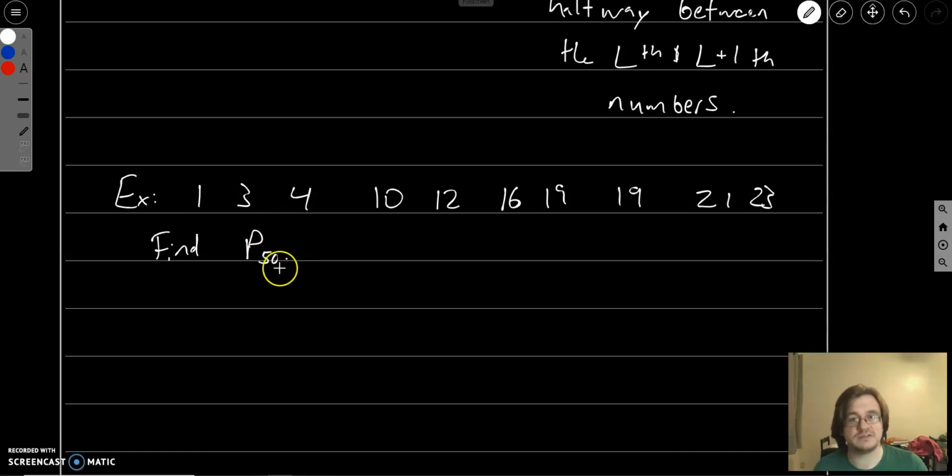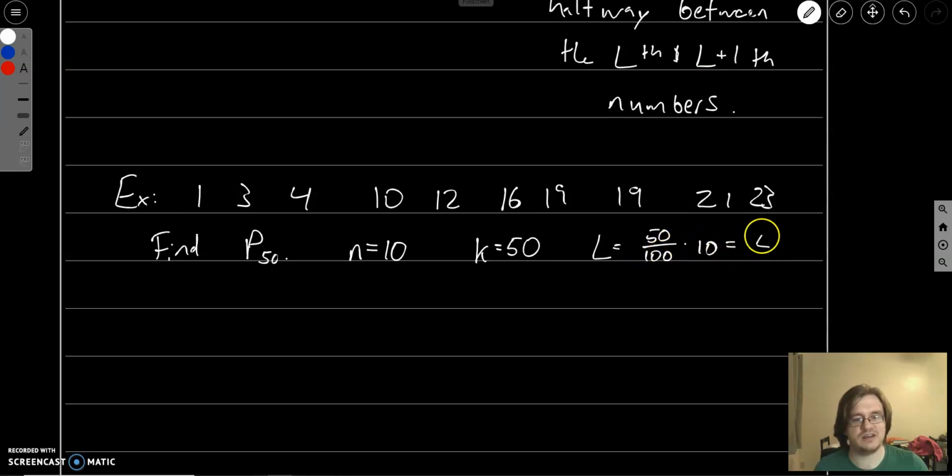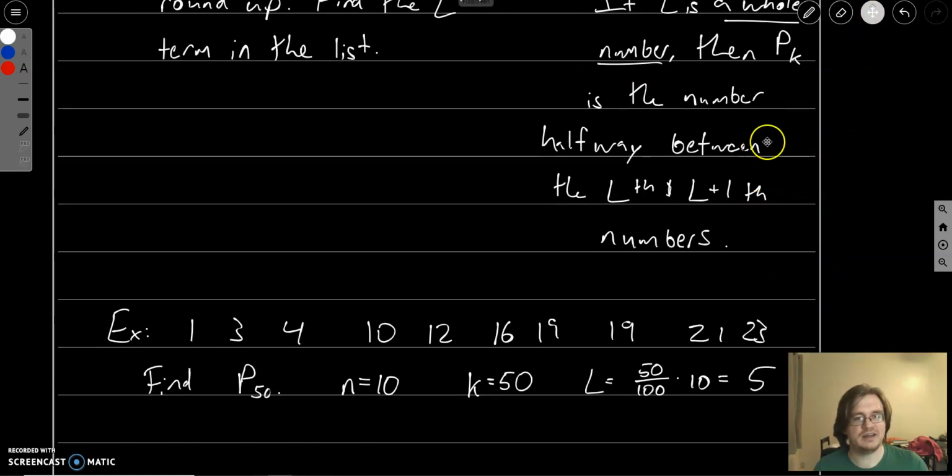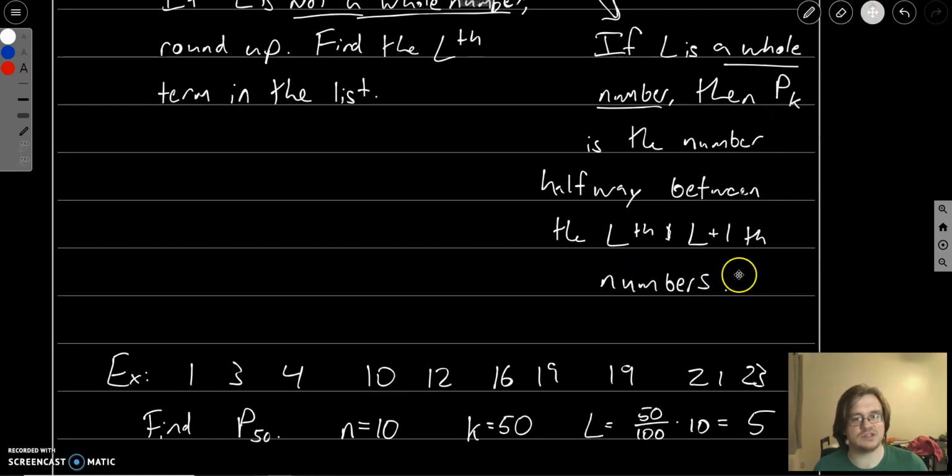So let's find P50. 50 here corresponds to 50%, and there are 10 data values. So n is going to be 10, k is going to be 50, and L is going to be 50% of 10. 50% corresponds to 50 divided by 100 times 10. This is 5. So this is a whole number, which means that I have to follow these instructions.